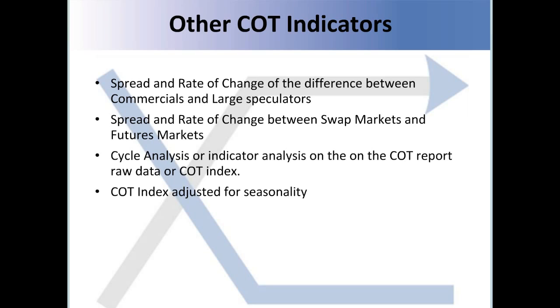This is giving me better insights into the seasonalities of the commercial hedging position, because if we can get the seasonality of any particular market, we can expect maybe a couple weeks in advance if the commercials are going to start to shift, and we can get a little bit more edge in our positioning.